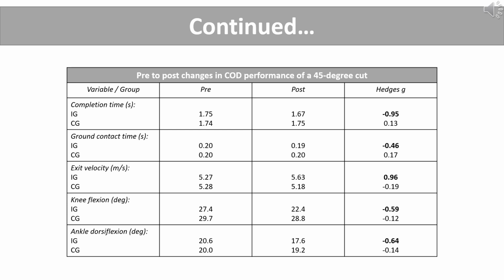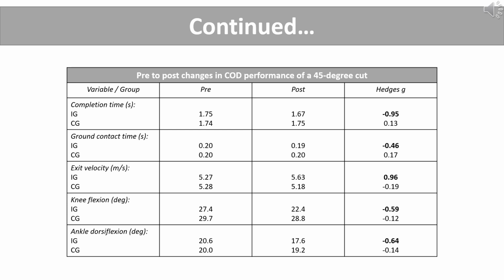Ultimately, if you do nothing and you serve as part of the control group, you get effectively no change in your performance. However, the intervention group that was subject to Tom's coaching are noticeably faster at performing the task. They spend a little bit less time on the floor, which naturally contributes to their ability to propel themselves propulsively in the correct direction of travel.